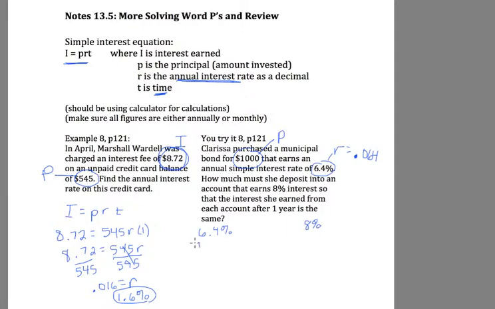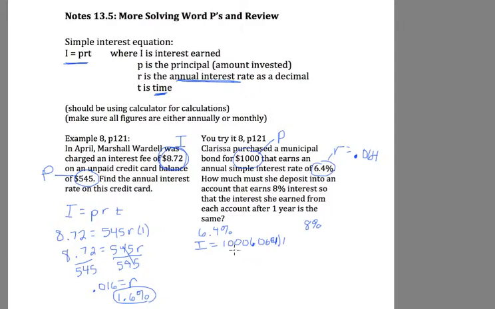So the first thing we have to do is figure out what was the interest off of the first account. So we'll take our principal and times by our interest rate, 0.064, and times 1 for 1 year.